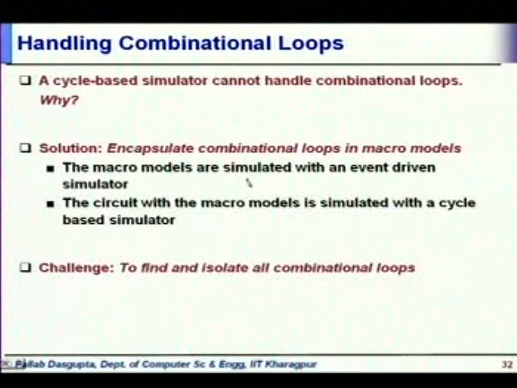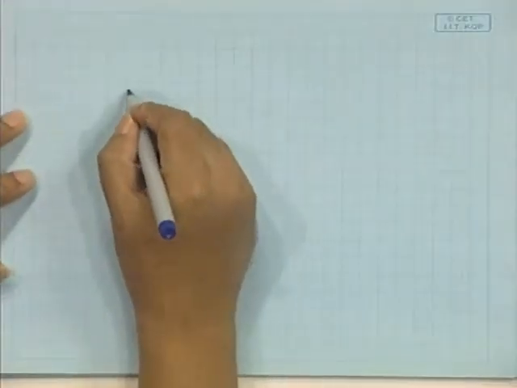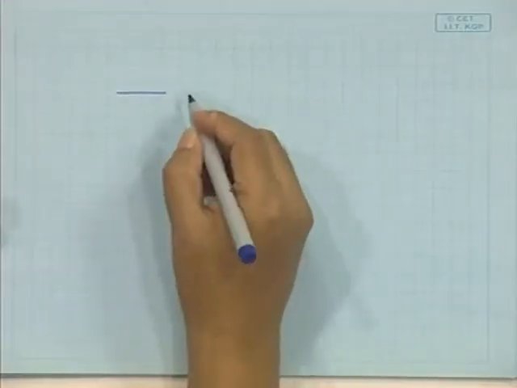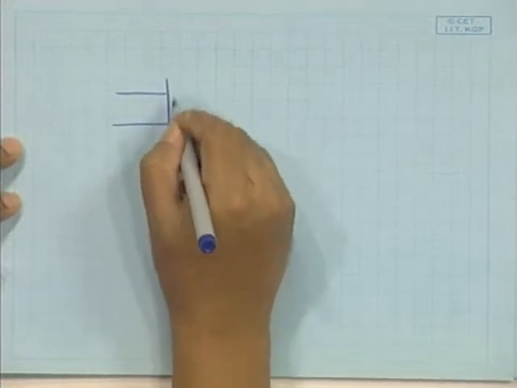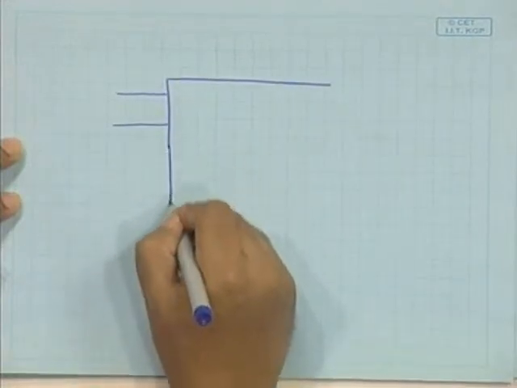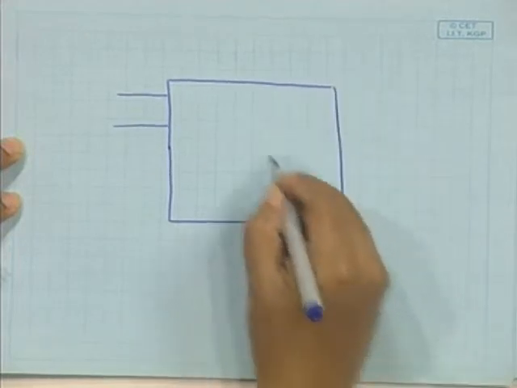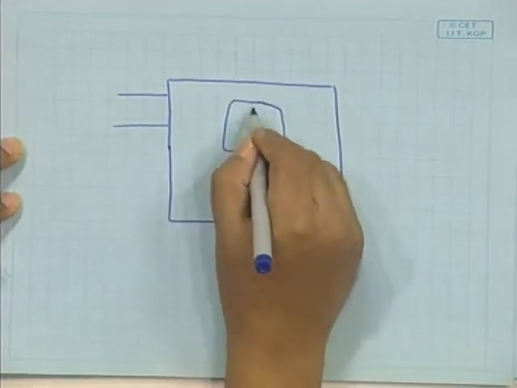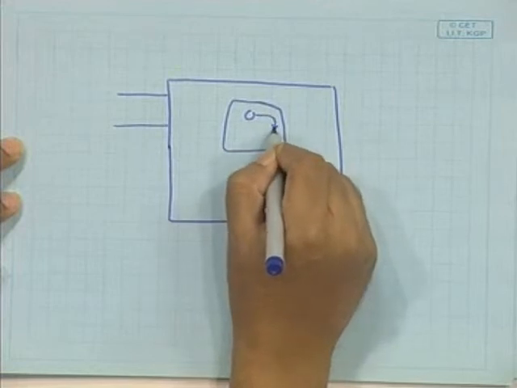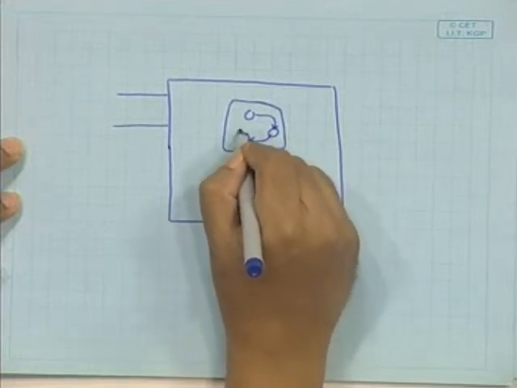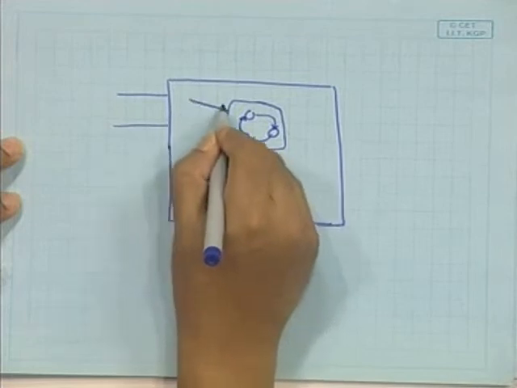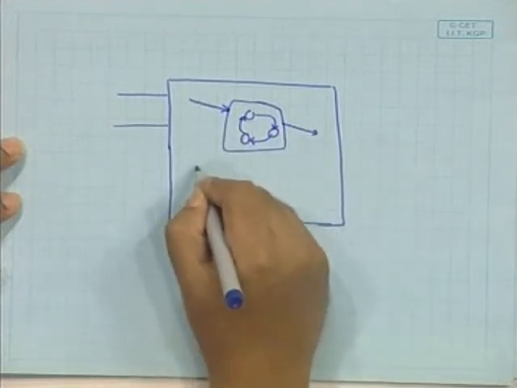So the macro models are simulated with an event driven simulator, and the circuit with the macro models is simulated with a cycle simulator. So the idea is like this, that in this circuit, suppose there are some portions where you have combinational loops, right? The rest of the circuit does not have any combinational loop.